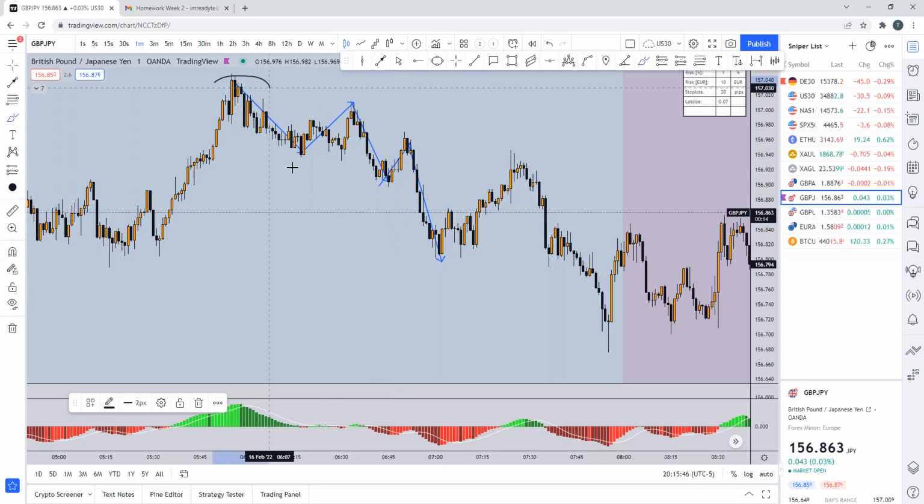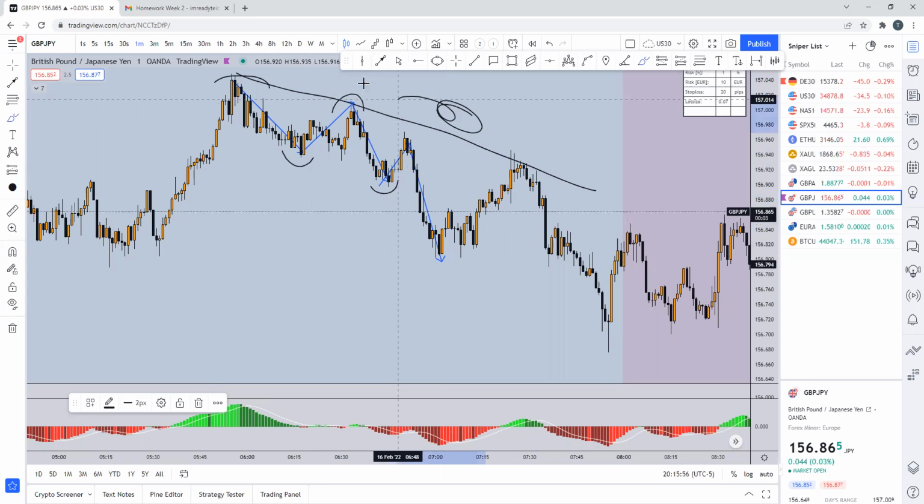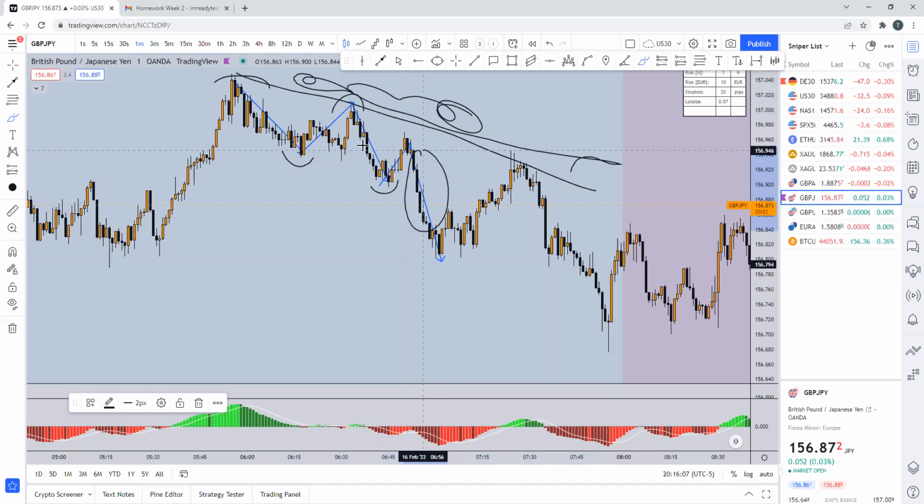There's liquidity above here, below here, above here, below here. You have liquidity on the other side of this because this is a trend line. So you have that liquidity. And then you have liquidity in this imbalance right here, that's liquidity.